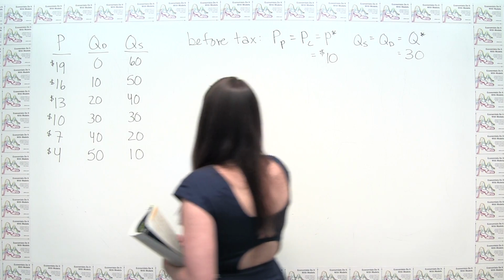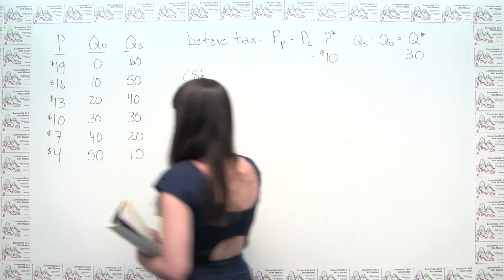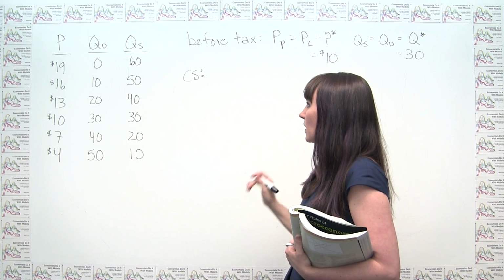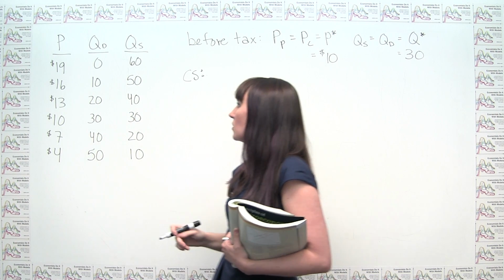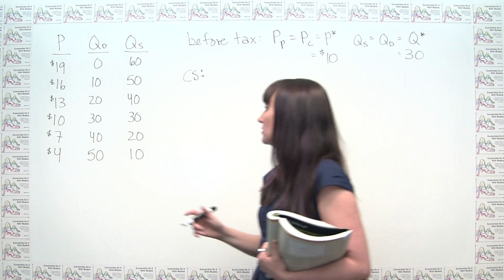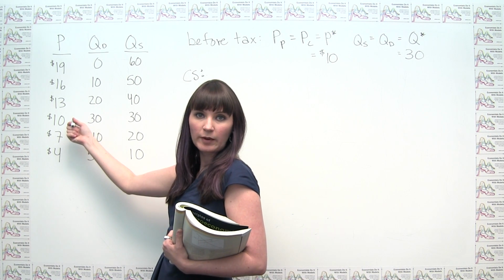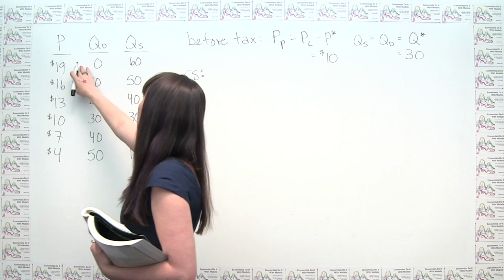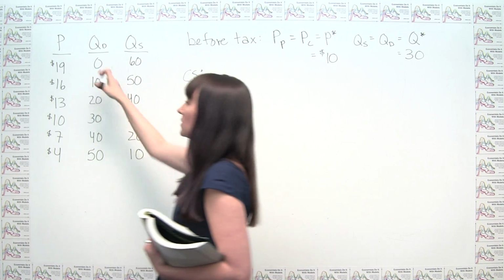So let's think about consumer surplus here. We can say that there were 10 consumers willing to pay $16 for a t-shirt that only got charged $10, right? Notice I didn't start at the top here, simply because there were no consumers willing to pay $19.